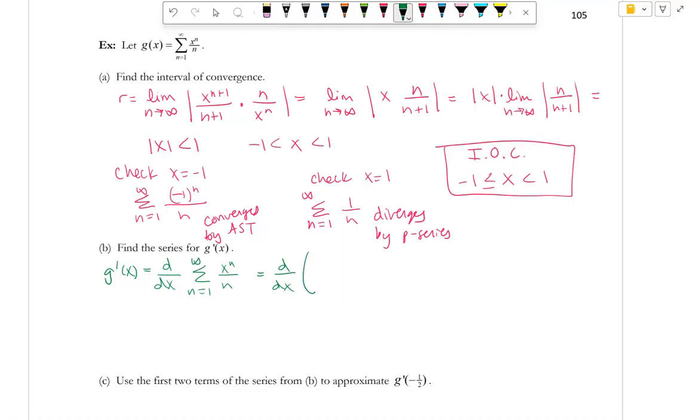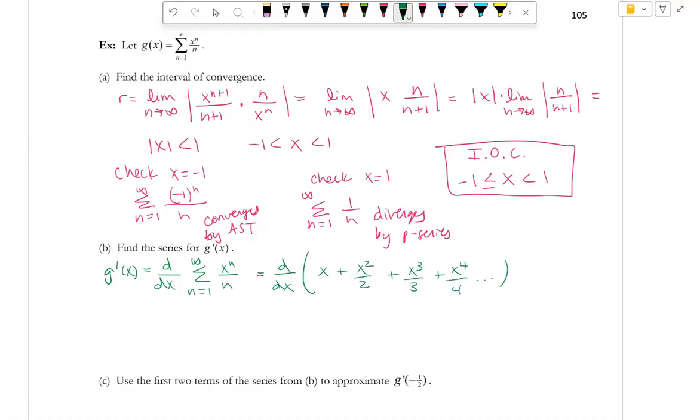One way we could do this is to write out several terms and see the pattern. If I look at the terms of my series for g, when I plug in a 1, I get x to the first power over 1, so that's just an x. When I plug in a 2, I get x squared over 2. When I plug in a 3, I get x cubed over 3, and so on.